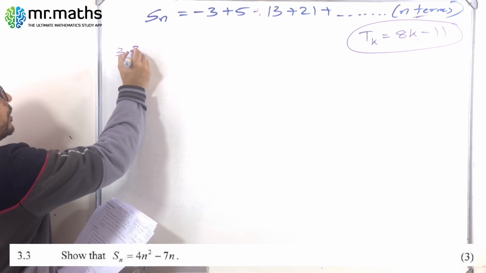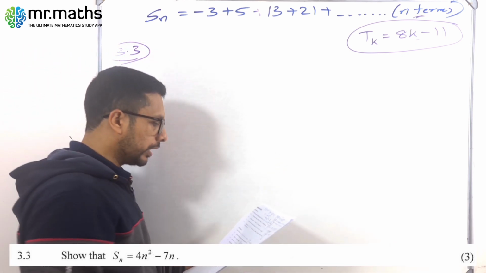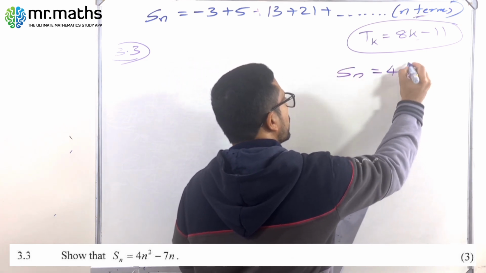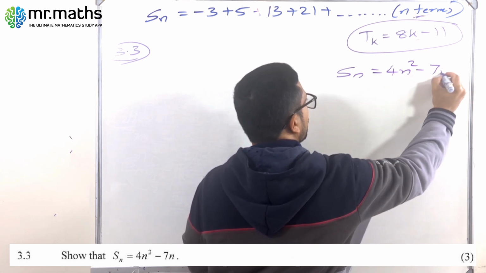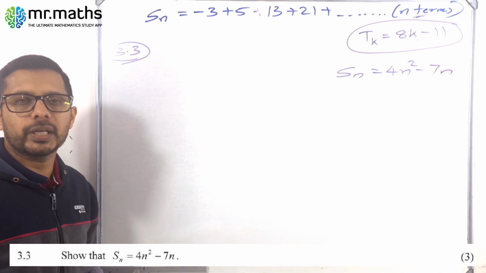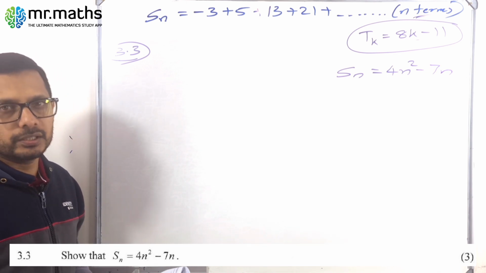What is that question? Look at that question: show that Sn is equal to 4n square minus 7n. So what does Sn mean?